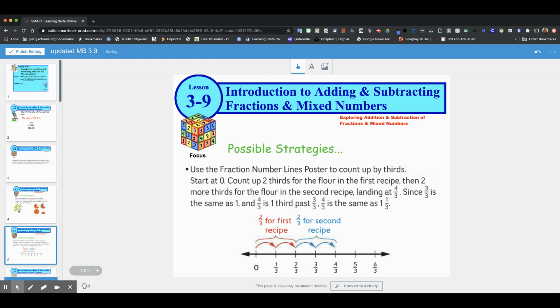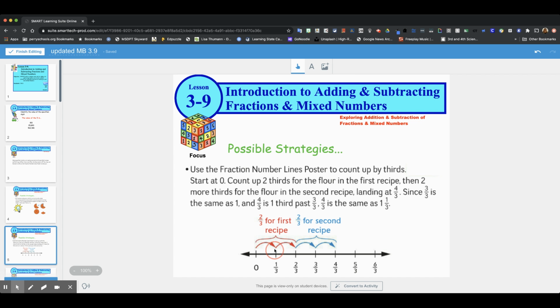Another strategy would be to use the fraction number line poster to count up by thirds, or just simply using a number line. You start at 0 and you draw out your thirds. And so you see here we did 3/3 for the ones place and 6/3 for the twos. And you count up 2/3.